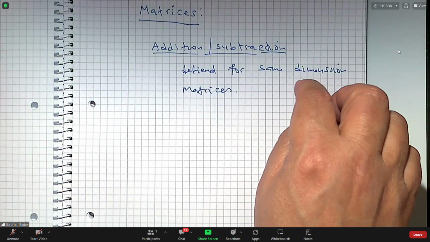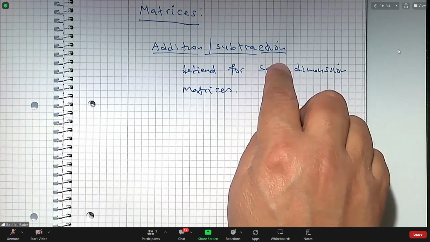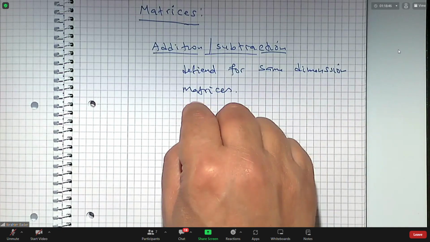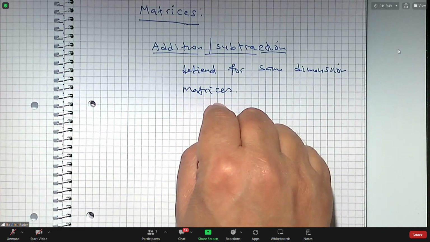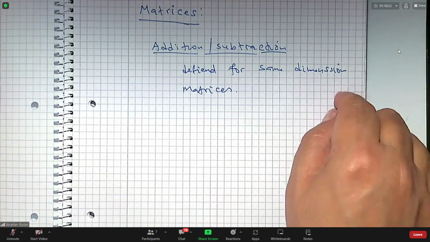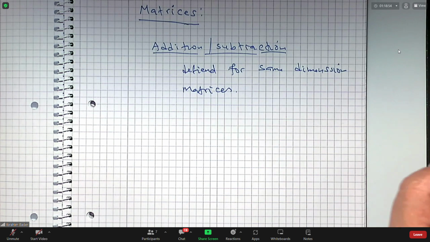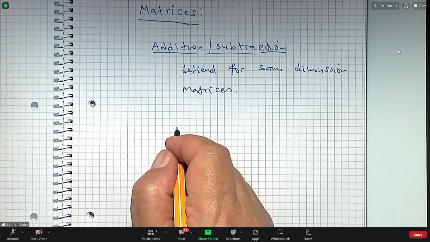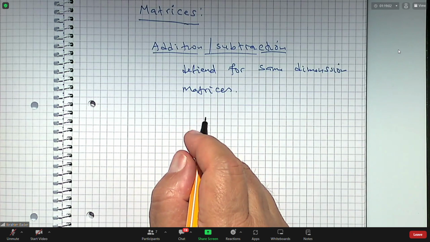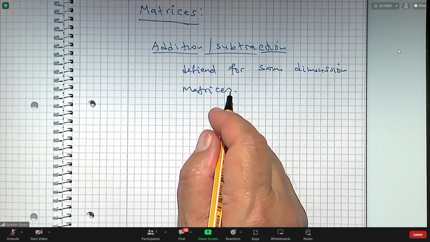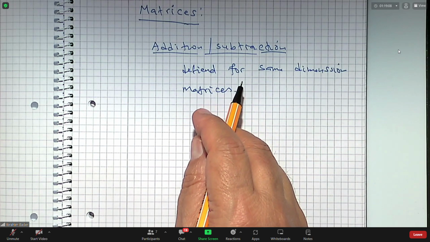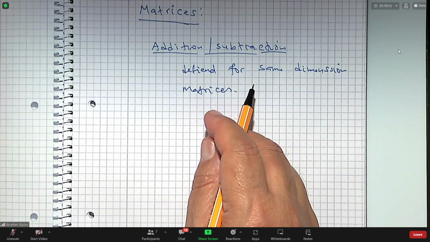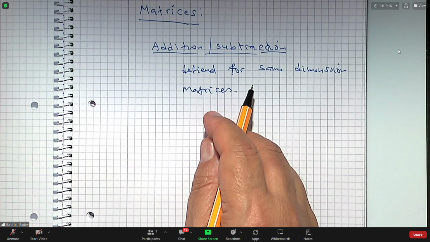It is important that both matrices have the same dimension, and the result will also have the same dimension. For instance, if you add a 2 by 3 matrix to another 2 by 3 matrix, the result will be a 2 by 3 matrix. So before you start evaluating any of these operations, please ask yourself, does that make sense? Is this operation defined? Yes or no, and then you can start evaluating.